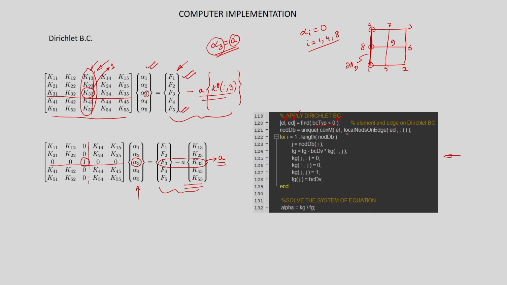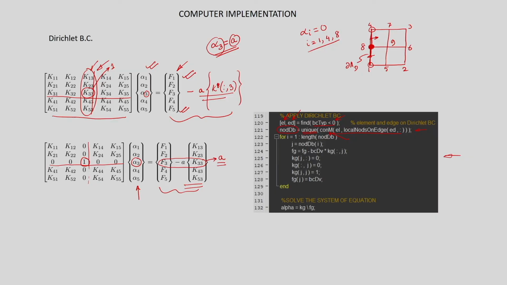Then we go to each of these local edges, find the corresponding node number or degrees of freedom, and sort them, because a node appears twice when we are visiting elements. For example, node 8 appears once in one element and again in another, so we take only the unique numbers. This DB will contain all the nodes or degrees of freedom which lie on the Dirichlet boundary.